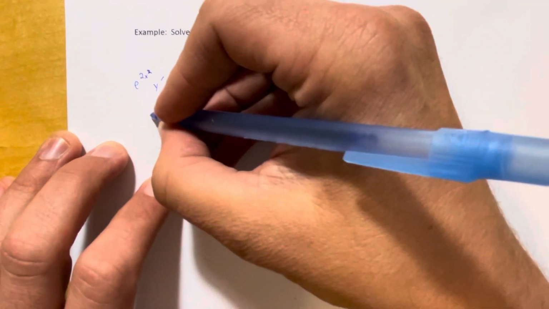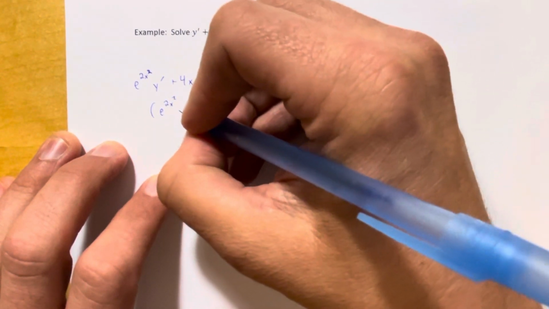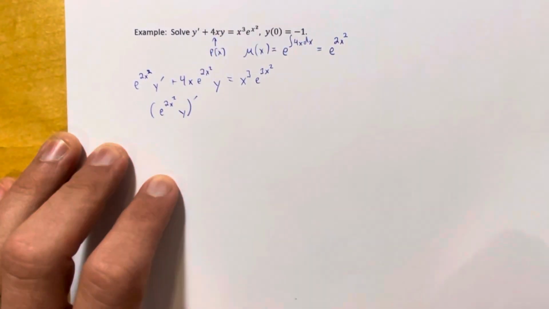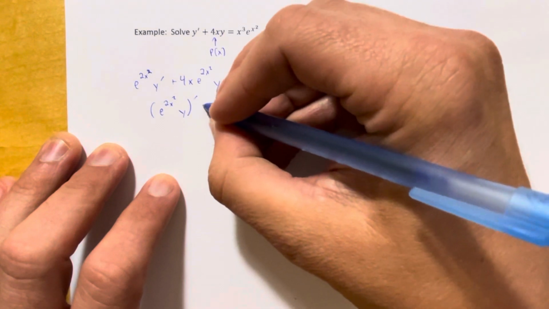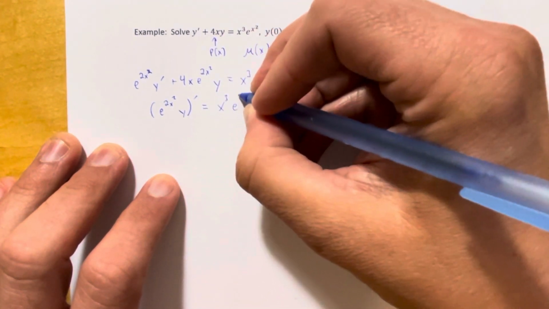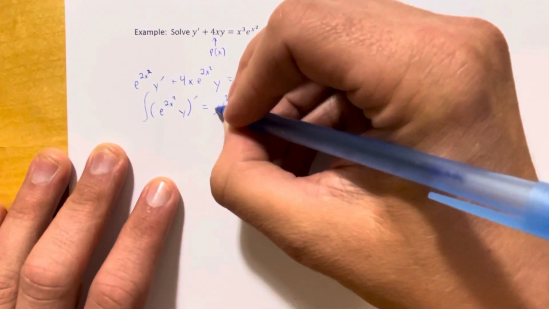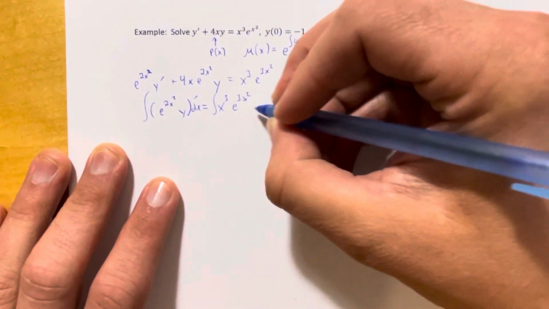So that means this thing can be written as e to the 2x squared y, all with a prime on the outside. Okay? And then I have x cubed e to the 3x squared there. Let's integrate both sides with respect to x.